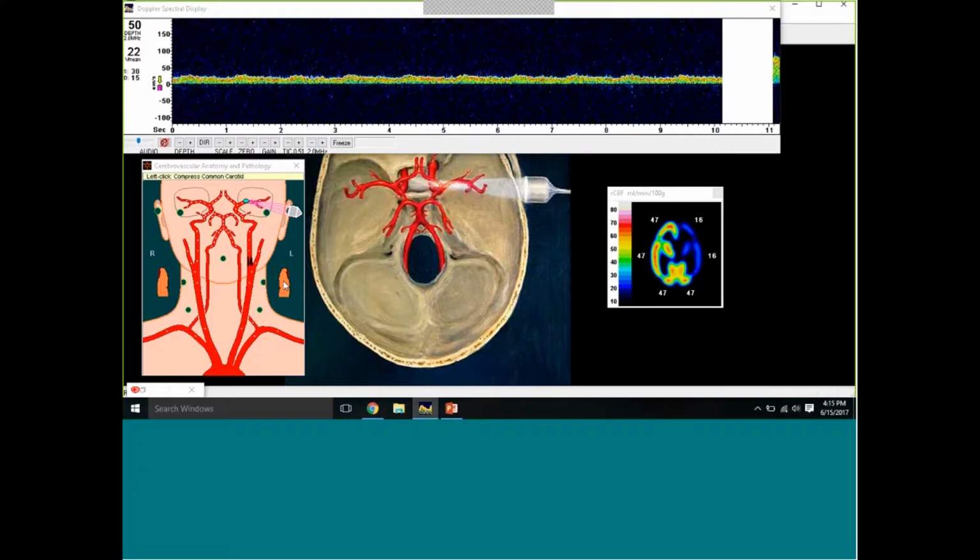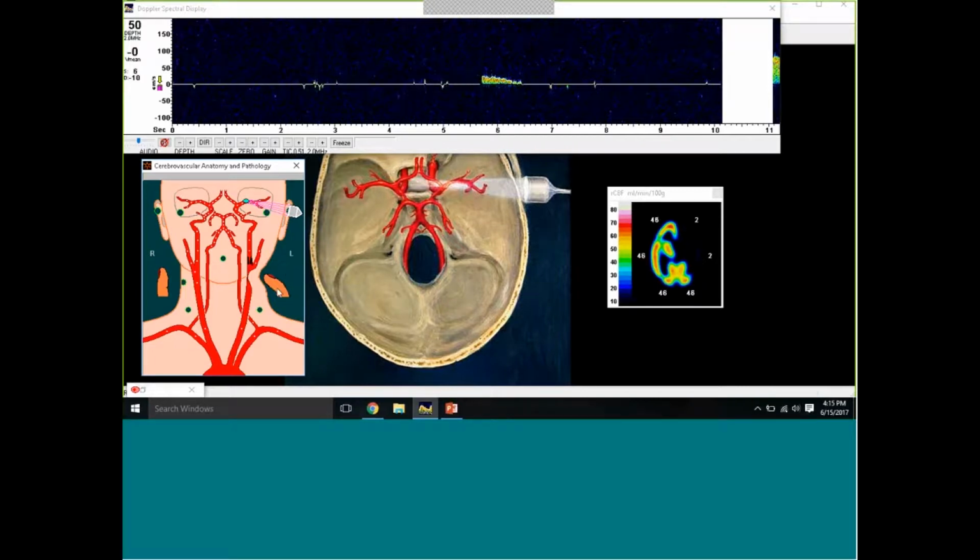So if we occlude here to clean these vessels out, you see we literally have no flow. And these people are going to have a stroke. These people have to have a shunt in. Now this scenario happens in 5% of people, because 5% of people do not have bridges.